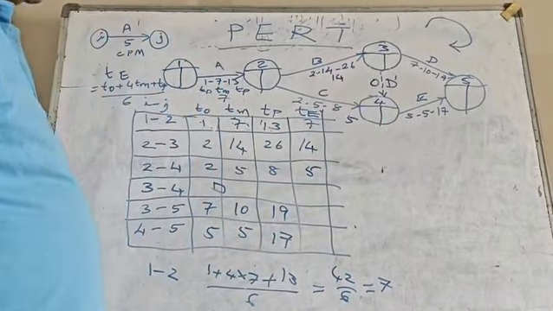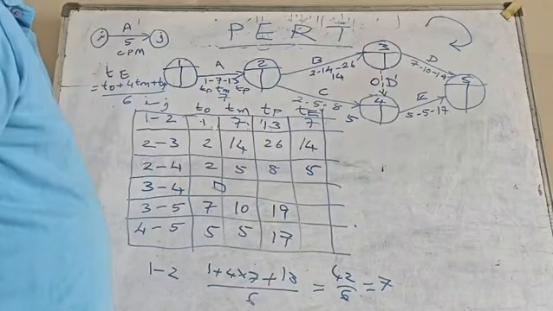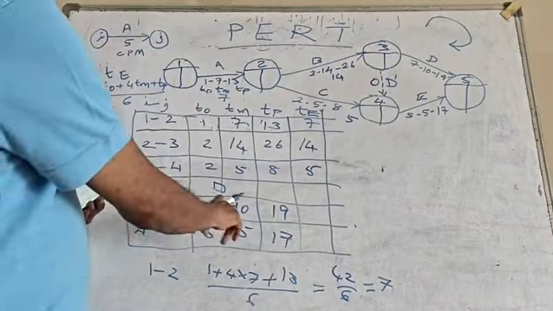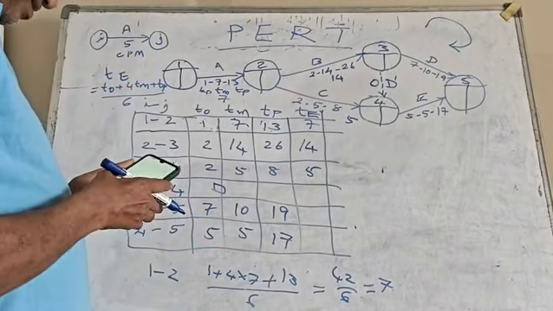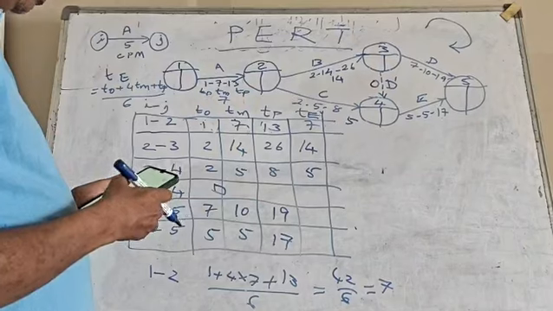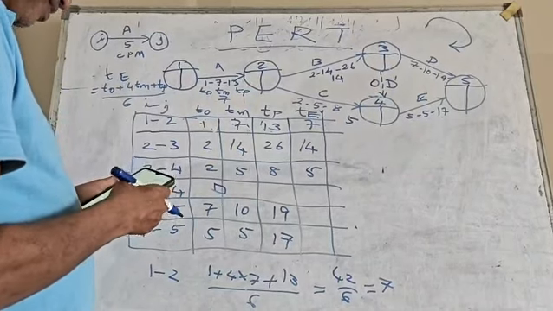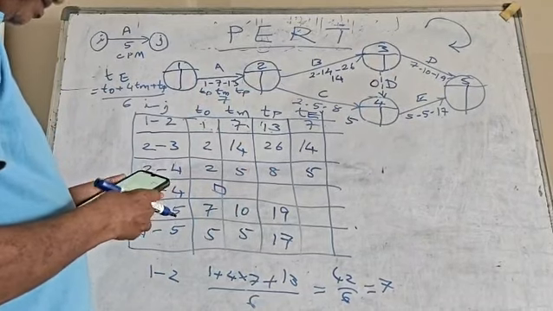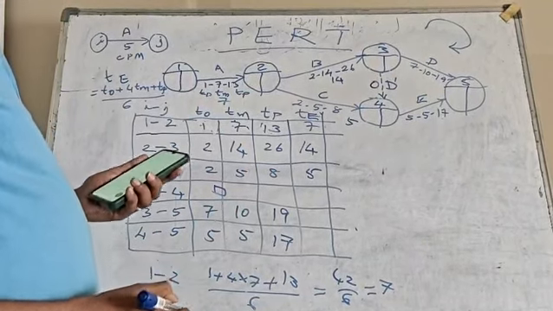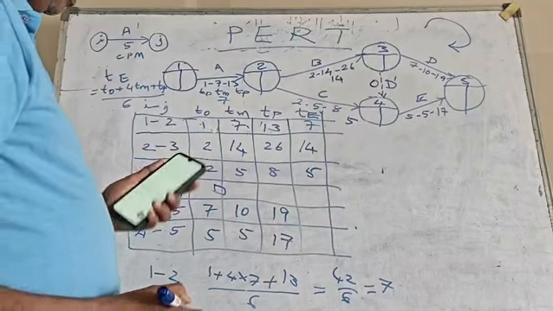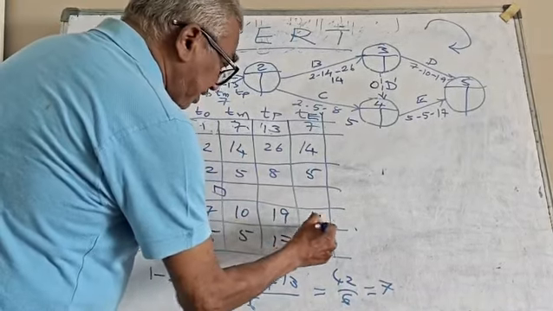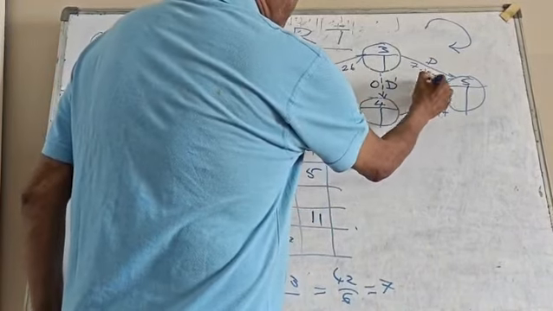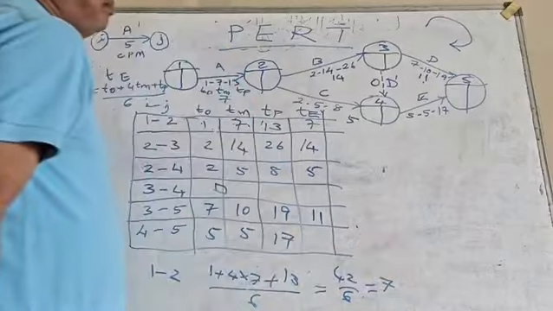Similarly, in the same way, 3, 5: 7, 10, 19. How much will it be? 4 into 10 is 40, plus 19 plus 7, is 66. Divided by 6, it is 11. So for 3, 5, you can see I did not get 10, I got 11.